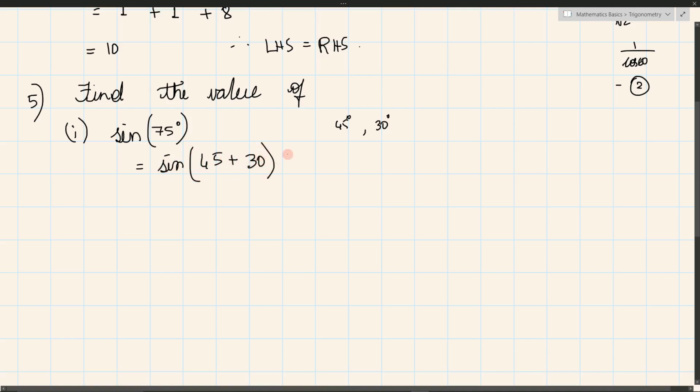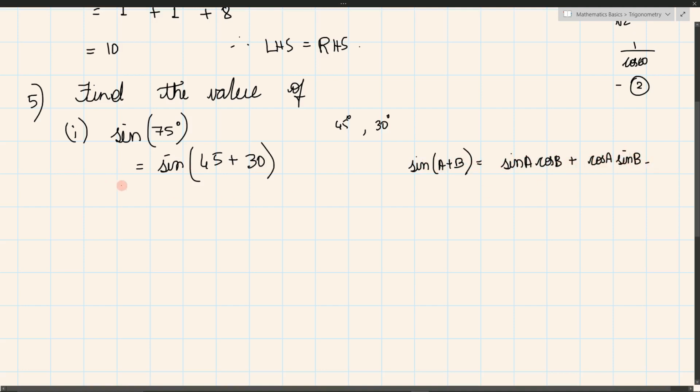Right? So this is in the form of sin of a plus b. So sin of a plus b is equal to sin a cos b plus cos a sin b.